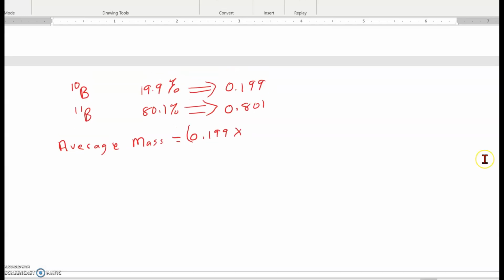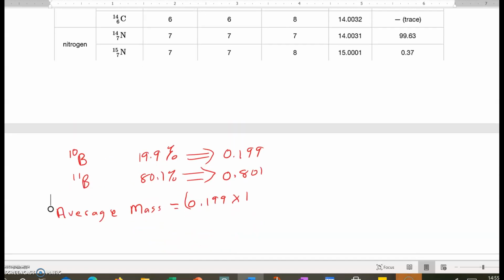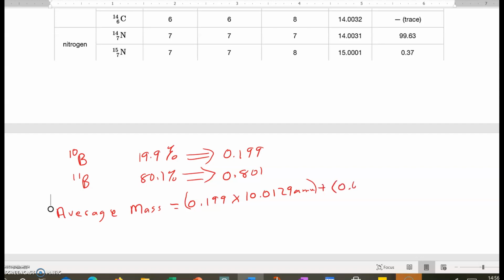And if you look at the table up above, the mass of boron 10 is 10.0129 AMU, plus 0.801 times the mass of boron 11, which is 11.0093 AMU.